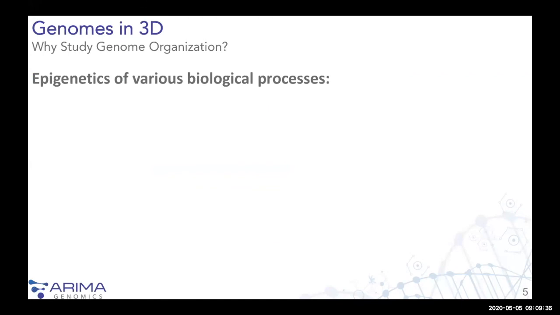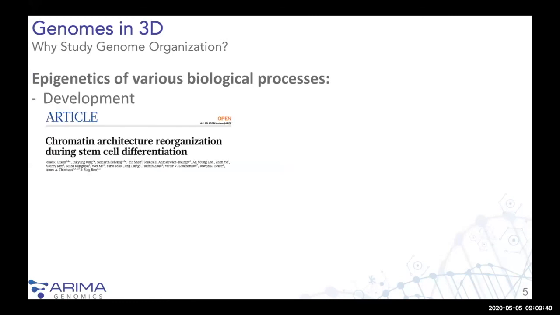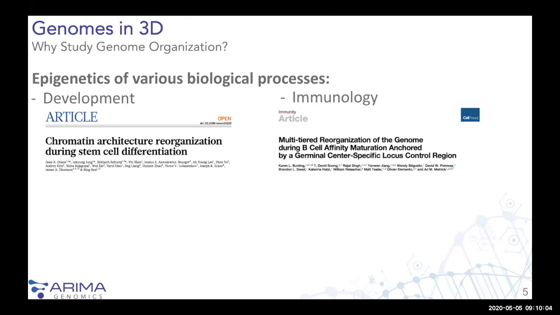So why study 3D genome organization? We're going to hear some really exciting stories here in the near future, but it's been very well studied over the past 10 years or so, just using Hi-C techniques alone, but way before that. A couple examples here would be in the context of development. Here's a study by Bing Ren on human ESC differentiation using genome-wide Hi-C.